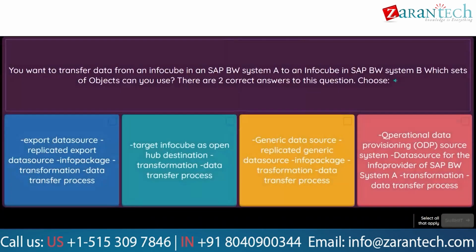Question: you want to transfer data from an info cube in an SAP BW system A to an info cube in SAP BW system B. Which sets of objects can you use? There are two correct answers to this question. Choose. Option 1: export data source, replicated export data source, info package transformation, data transfer process.